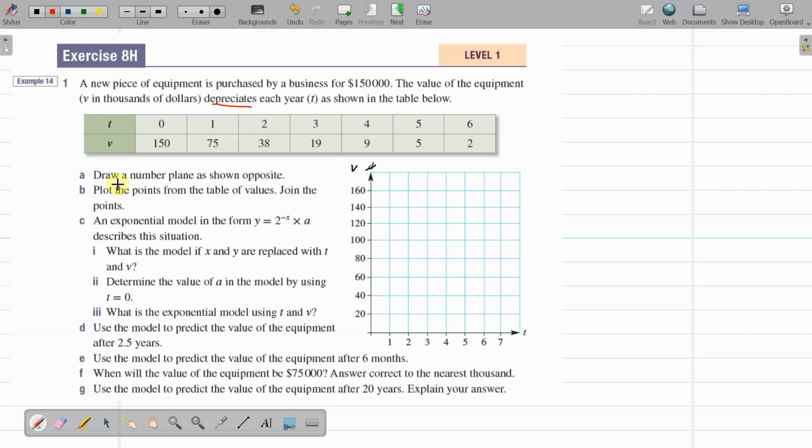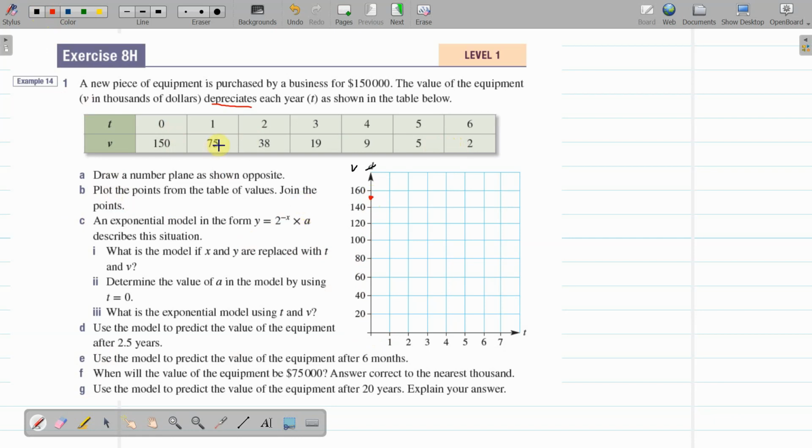Okay, let's plot the points. I'll use red. There we are. So 0, 150, 0 years at the start, and that's where, here it is, 150. That's what the equipment cost to start.